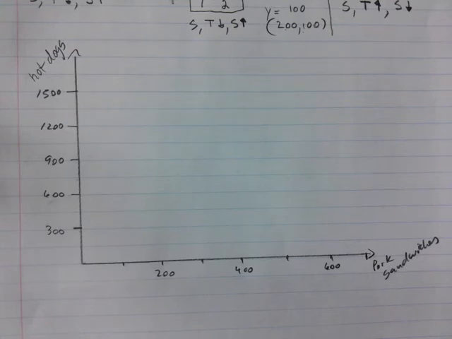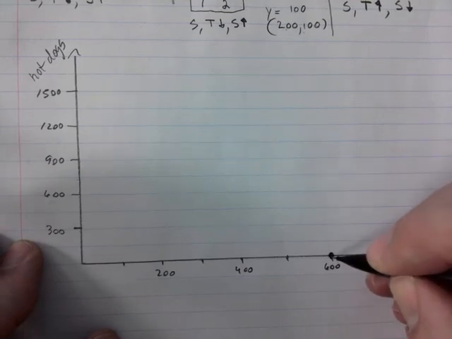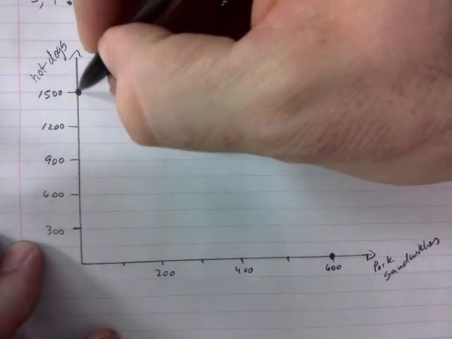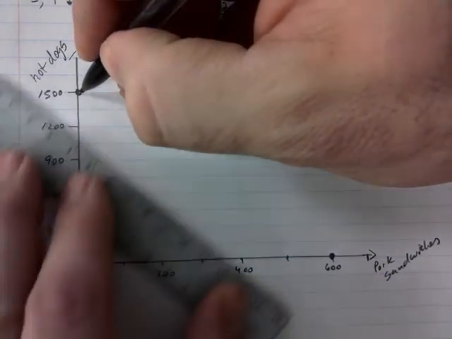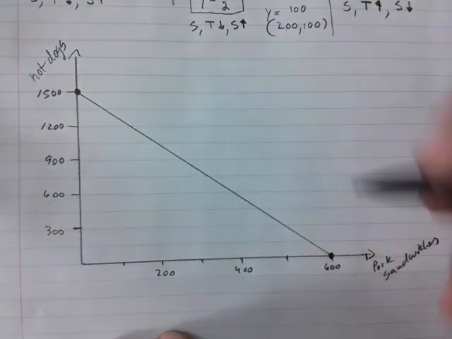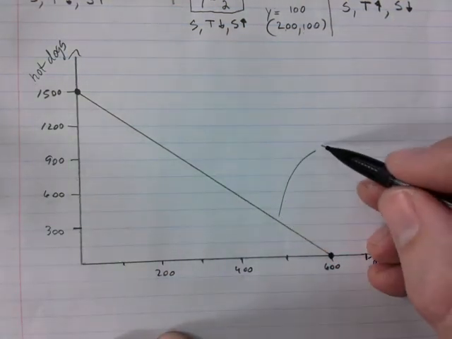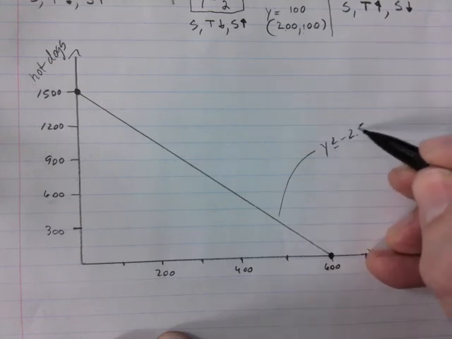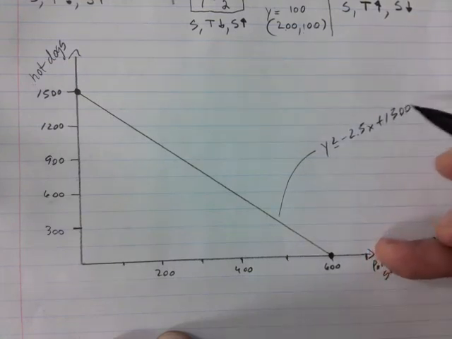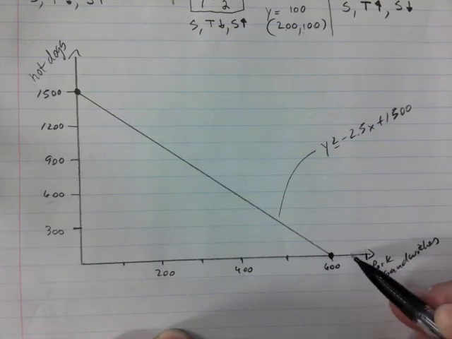All right. So let's plot those intercepts. 600, 0, and 0, 1500 is right there. I'm going to go arrow out and just name this. And we have 650, which is right there.